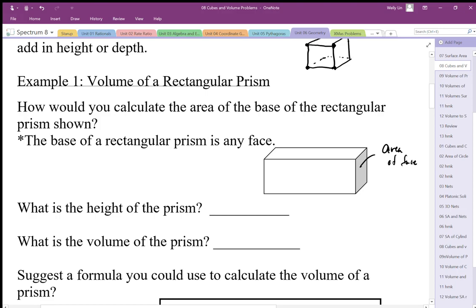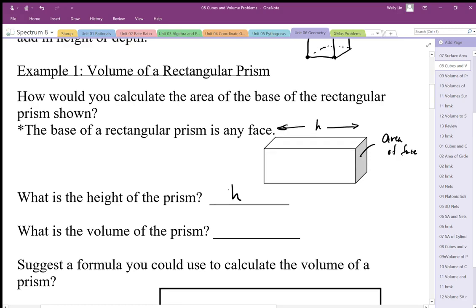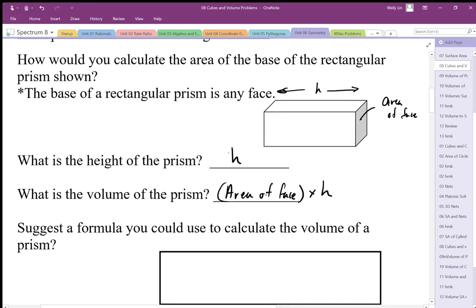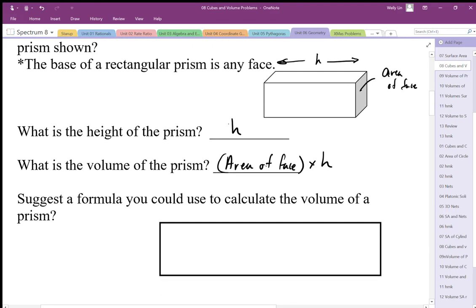And we can take the height or the thickness, which I'm going to call h. So the volume of this prism is, we take the area of the face and multiply that by the thickness, which we'll call h, or the height in this case. So this is a formula then.